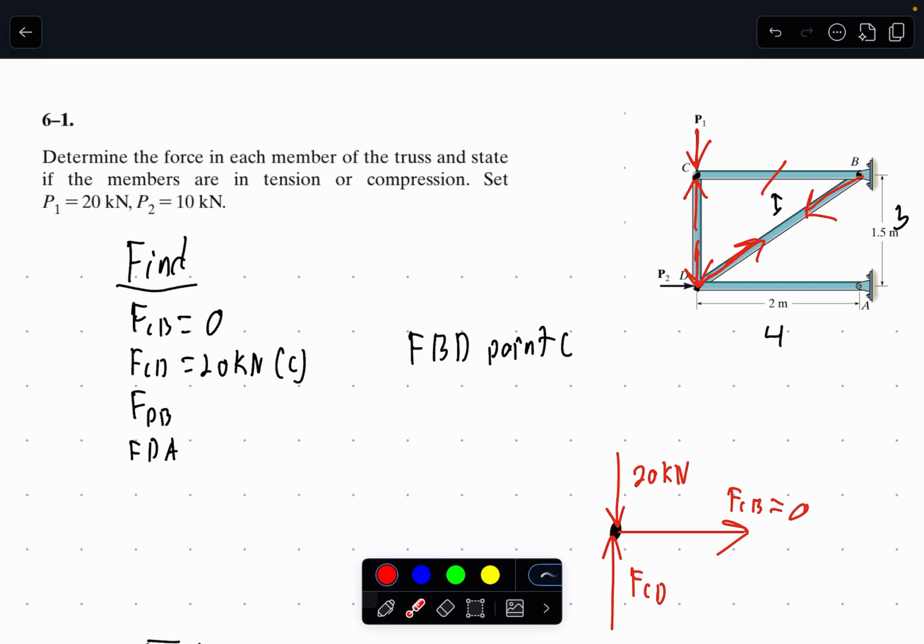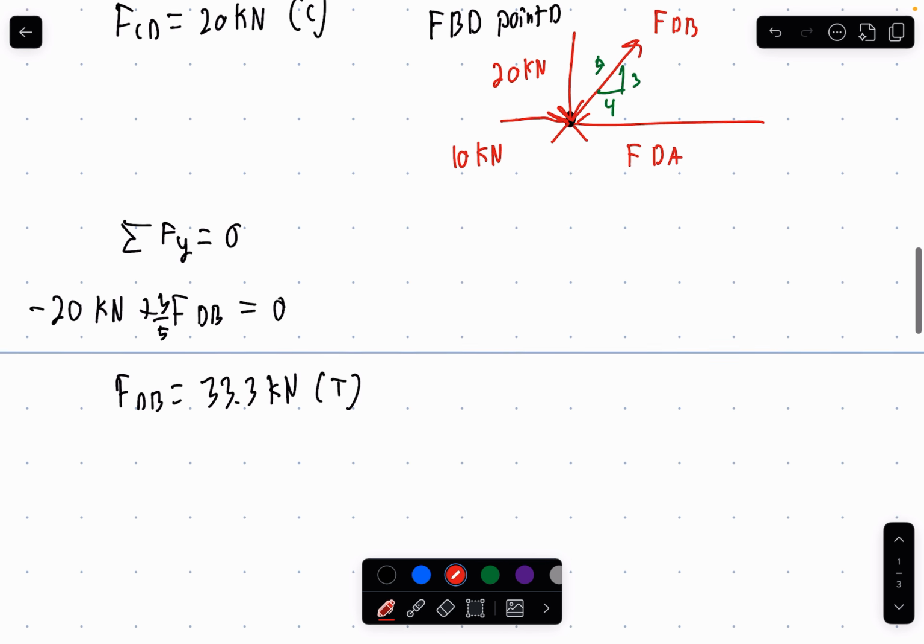So point D right here is being pulled upward from member DB right there. Okay. And then, to counteract the horizontal force caused by this force pulling upwards, we'll have this truss member DA counteract that force right here. Okay. And so you go find the magnitude with our equations.